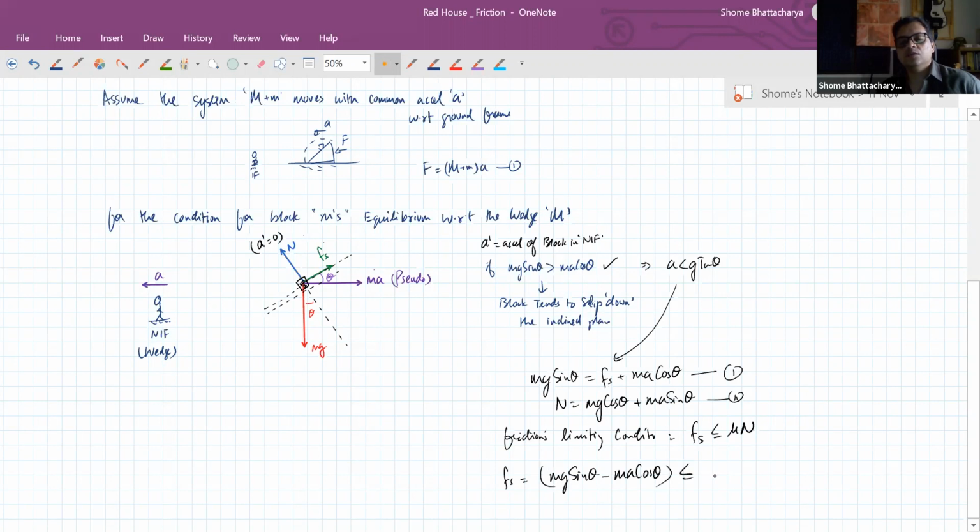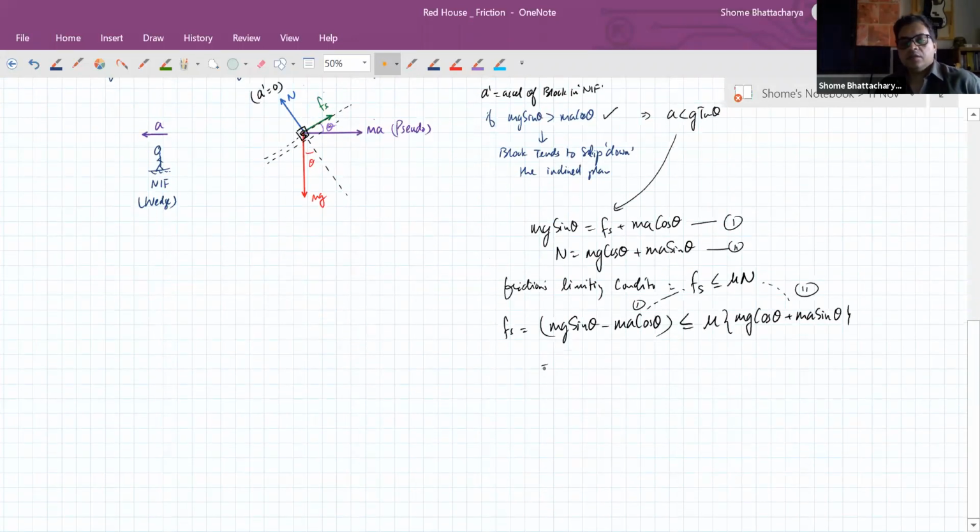This should be less than or equal to mu into N, which from equation 2 is mg cos theta plus ma sin theta. So from equation 2 you substitute here, and this side from equation 1. So we get this very interesting inequality: g sin theta minus a cos theta is less than or equal to mu into g cos theta plus a sin theta. You can cancel the mass on both sides.